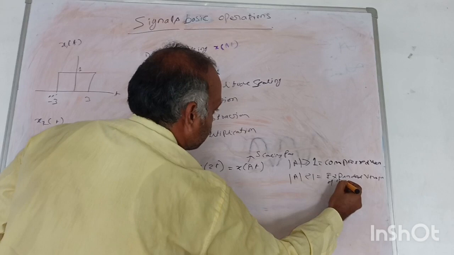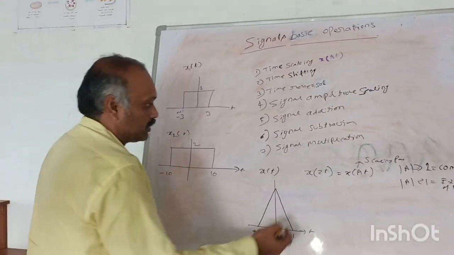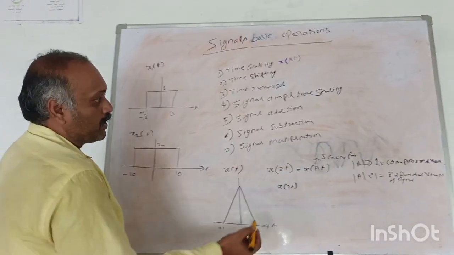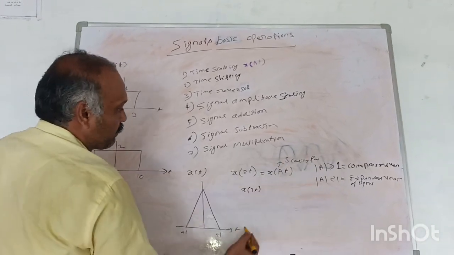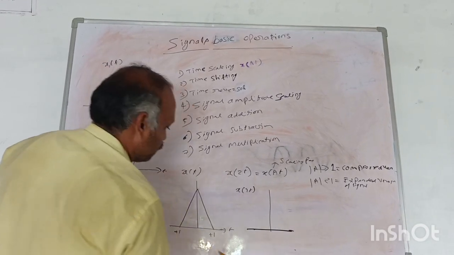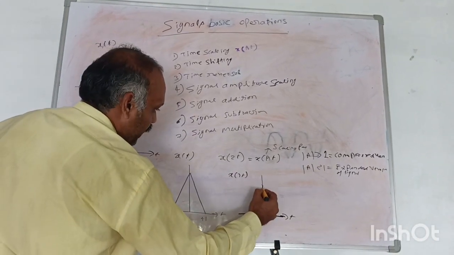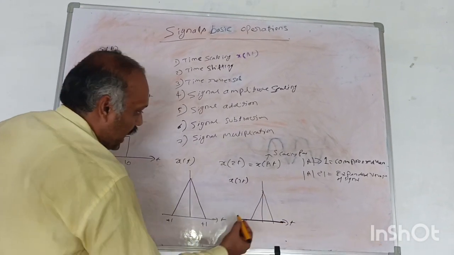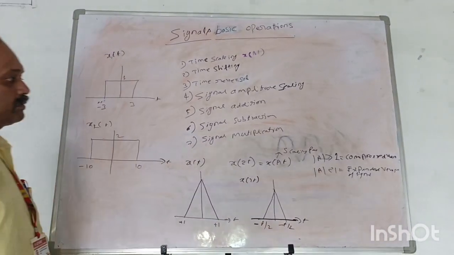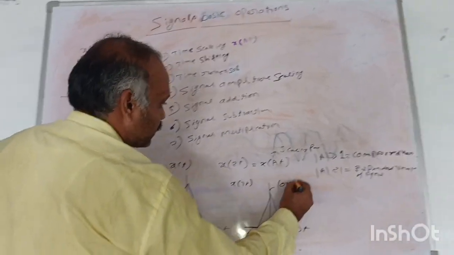Now if we select x of 2t, it is greater than 1, so it is a compressed version of the signal. So finally we draw the rough pictorial representation of x of 2t, where my time has been reduced by 2 times.